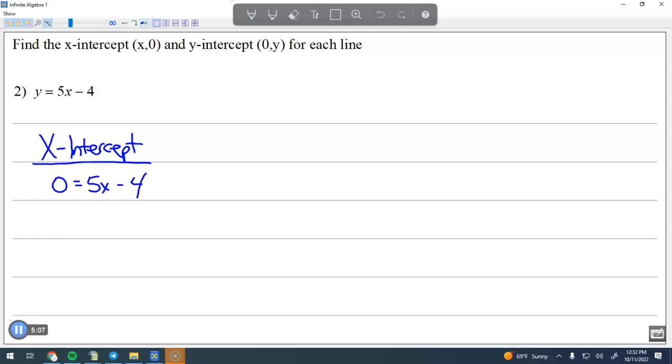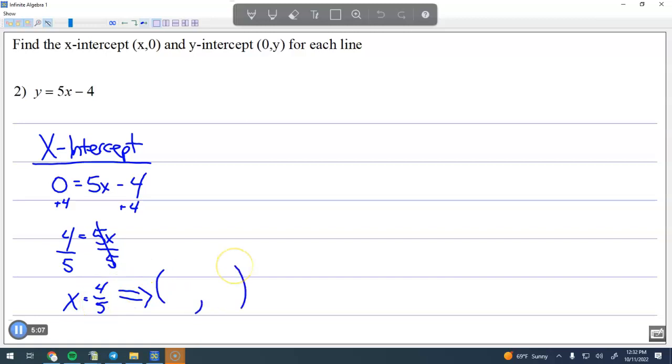Good there? That's basically the lesson, just that one piece. Add 4 to both sides to solve. So I get 4 equals 5x. Then divide both sides by 4 or by 5? By 5, because you want to cancel. So you get x equals 4/5.